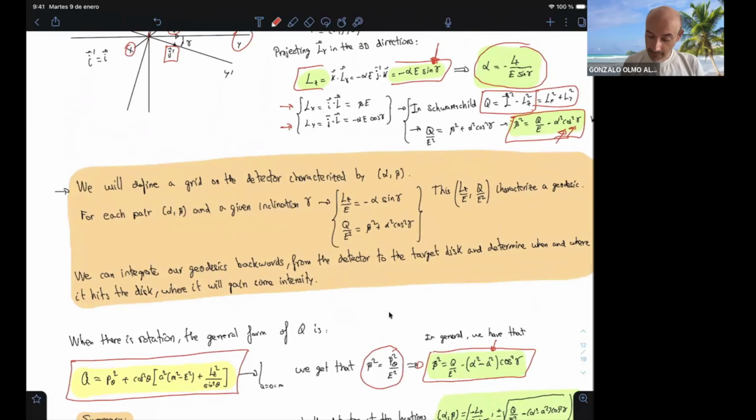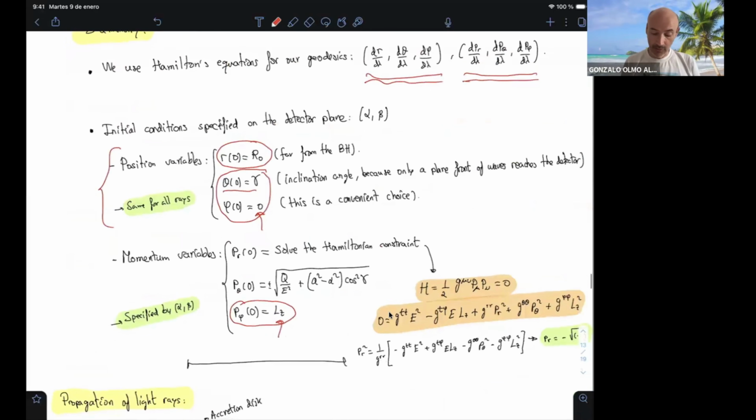By the value of alpha, by the position of that pixel, and the inclination angle, okay? So once we have the inclination angle and decide which geodesic, which pixel we want to study, we know the corresponding LC. And with this LC, we have the initial condition for that variable. The same happens with the polar momentum, okay?